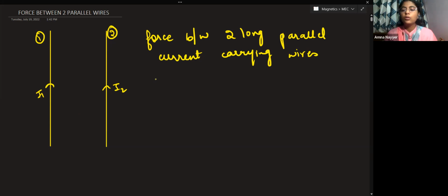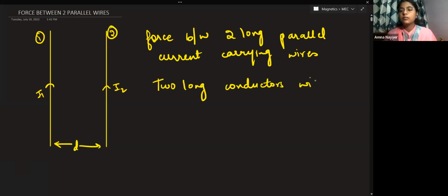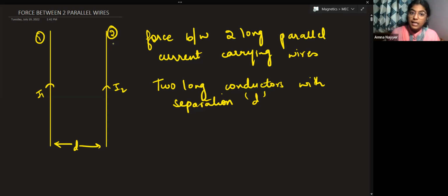So you have to take two long conductors with a separation. Let's say small d is the separation between them. Now, we are calculating the force on this second conductor due to this first one.